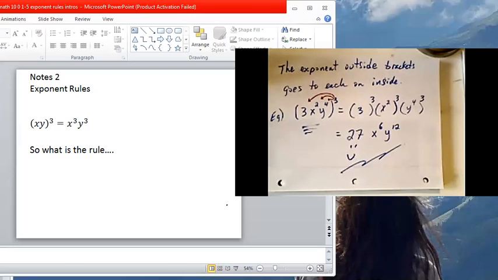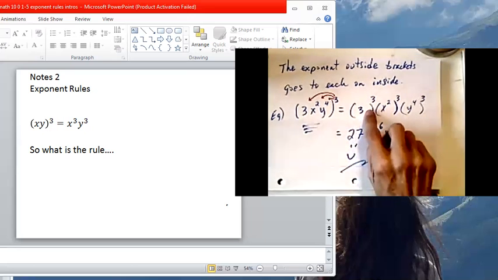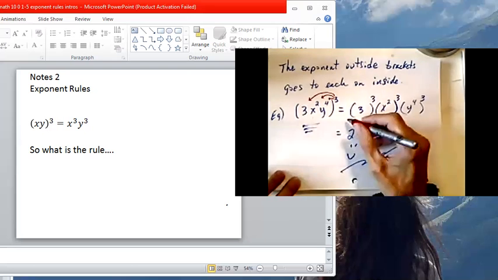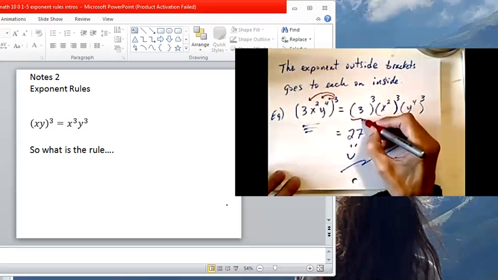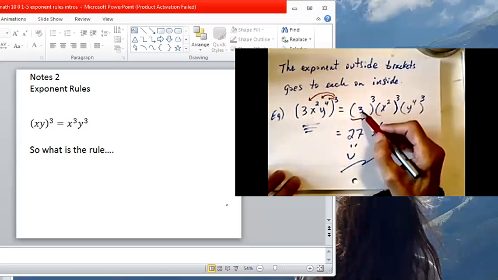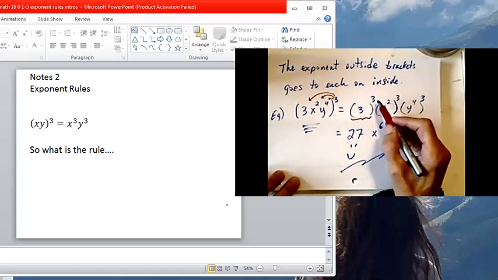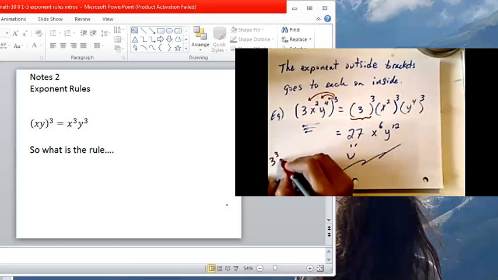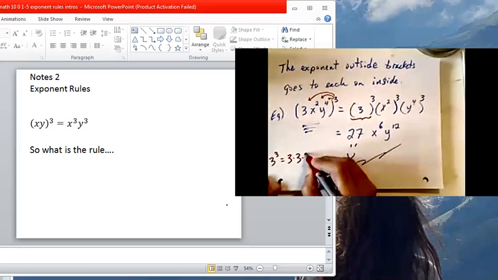Okay, good work. But how did you get the 27 from? Can you repeat this, please? Yep. This first part means 3 times 3 times 3. 3 to the power, sorry, 3 times 3.